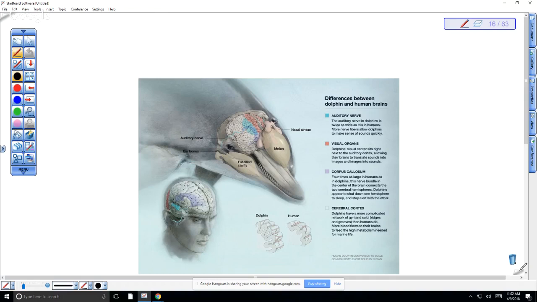So their cerebrum is more convoluted than ours. They also have these really interesting characteristics where their visual organs are associated with their hearing organs, so that when they use echolocation, they can actually turn that signal into an image. So when they're echolocating by sending out sounds and then receiving the sound waves back, they actually see images when they do that.